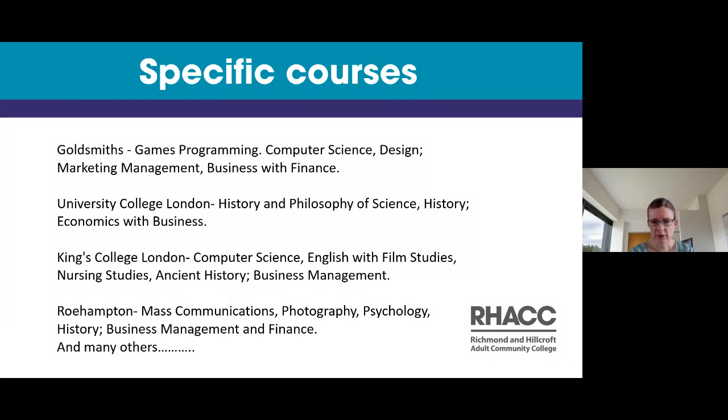King's College London: computer science, English with film studies, nursing studies, ancient history, business management. Roehampton, including degrees in mass communication, photography, psychology, history, business management and finance, and many others as well.